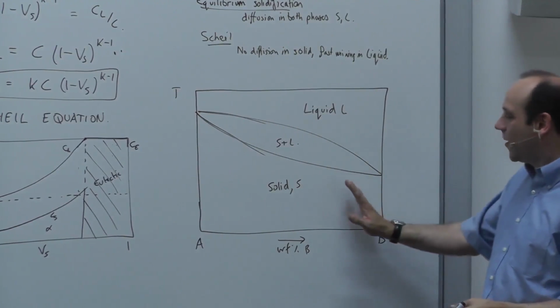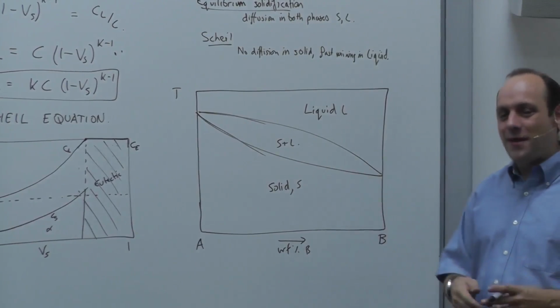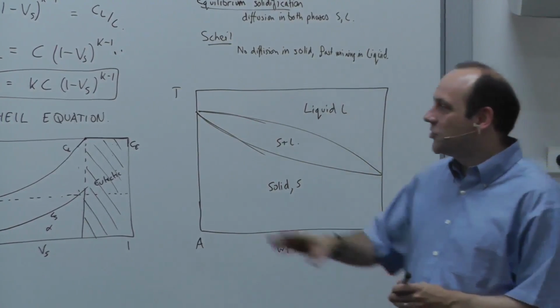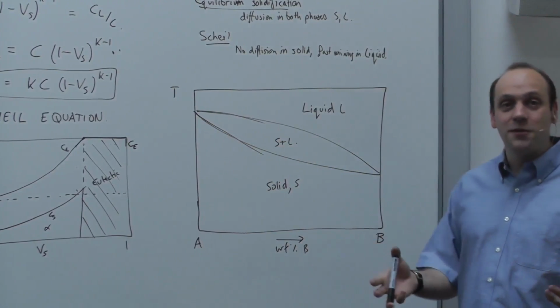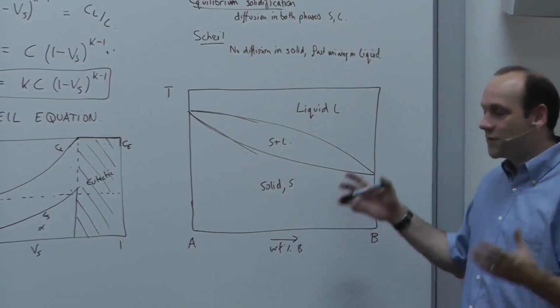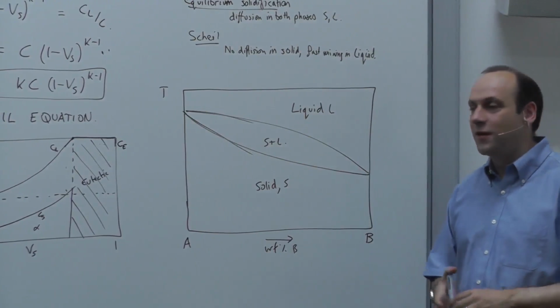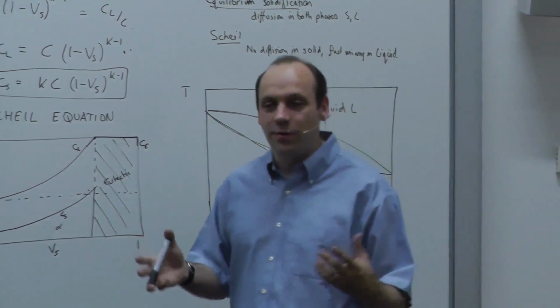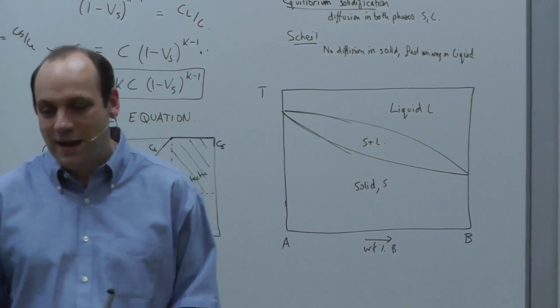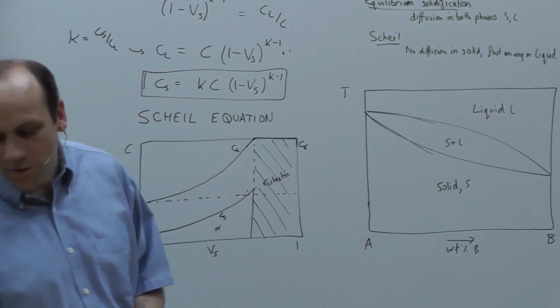So beyond fractions of solid of maybe 80 or 90%, this Scheil derivation starts to be physically unreasonable, even in situations where you don't have eutectics. So you've got to take care when applying it at high volume fractions of solid.